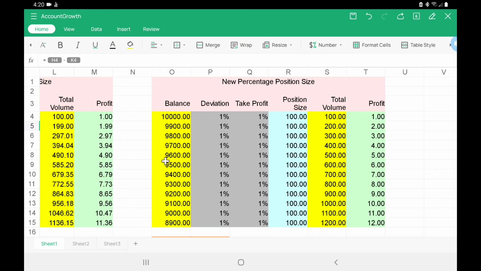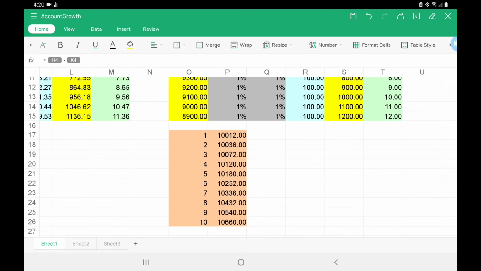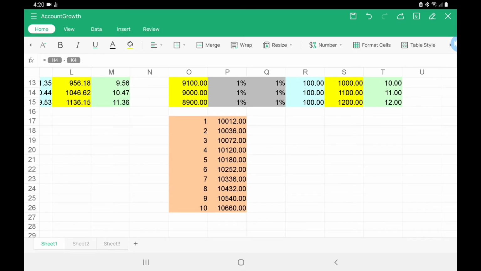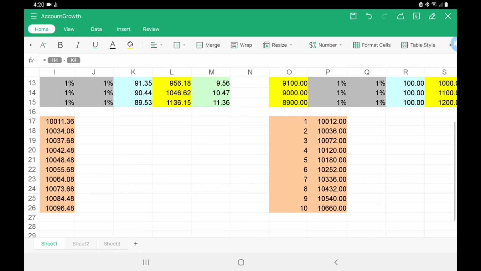And as you can see here, the total volume also has a significant decrease. 1136 for total volume versus 1200 here for total volume of 12 steps. That is important when you look at the overall long run of your total balances.